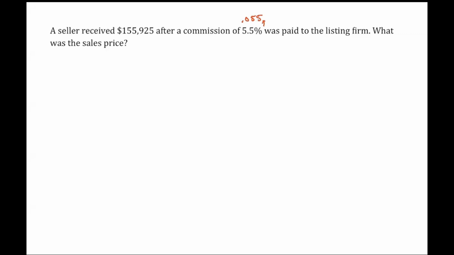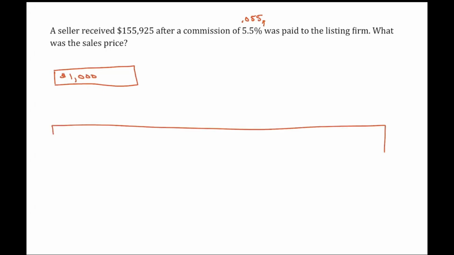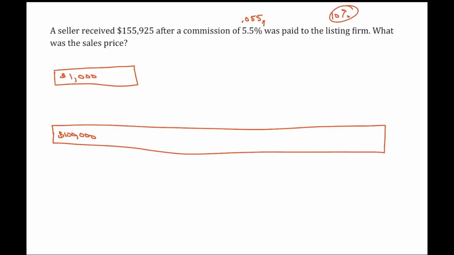Okay. So let's say I won the lottery. And if I won the lottery, maybe I won $1,000. Or maybe I won $100,000. If we talk about something like 10%, would you agree 10% of $1,000 would be $100?